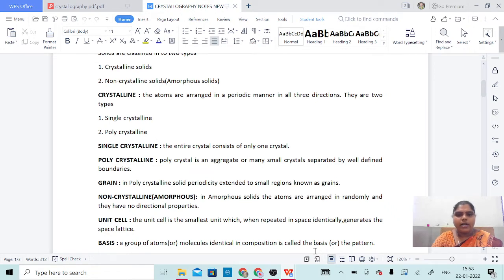In a crystal, the atoms are arranged in a periodic manner in all three directions. There are two types, single crystalline and polycrystalline.